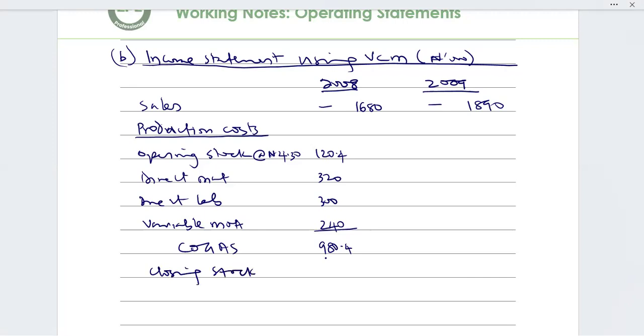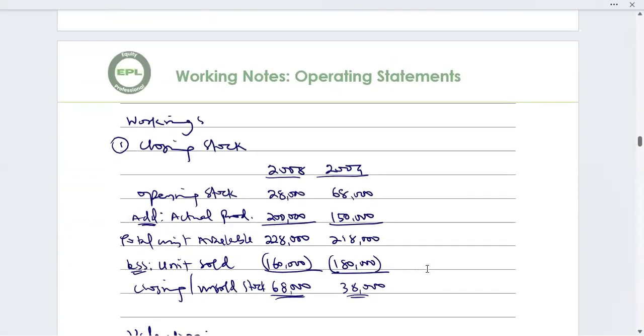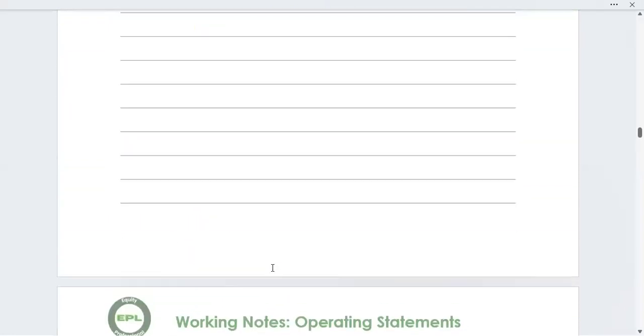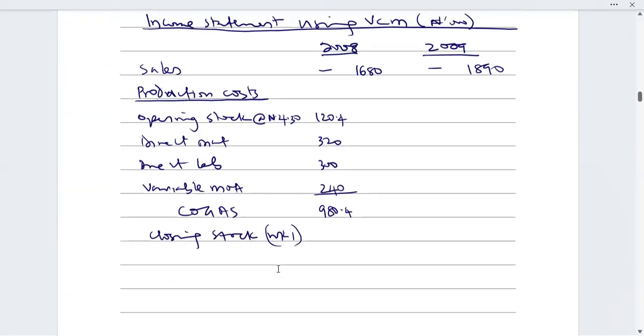Thank God we have done the working for our closing stock. That's working number 1. So let's go back and pick the number we have there for closing stock under variable costing method. In 2008, closing stock is 292.4.